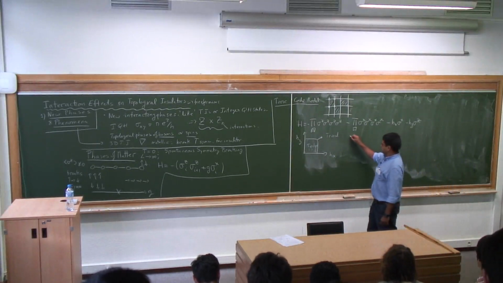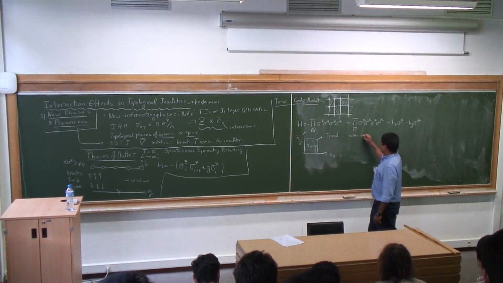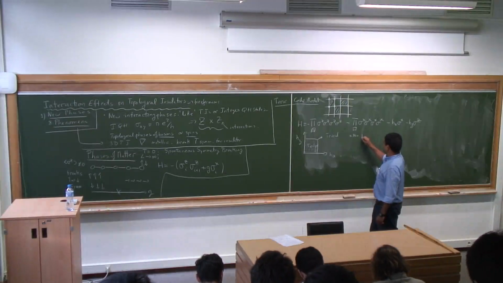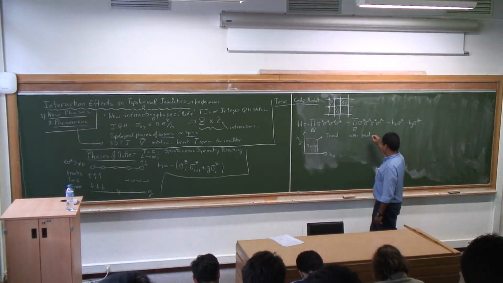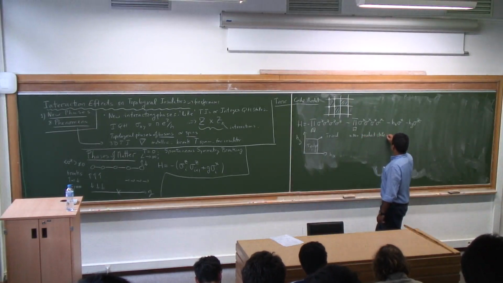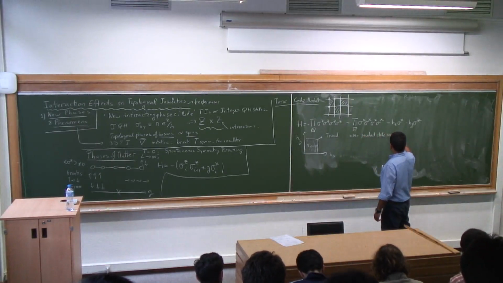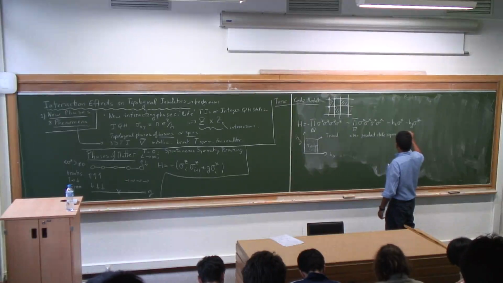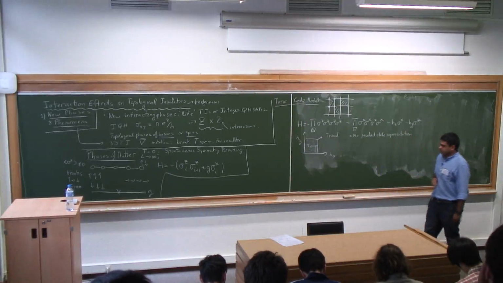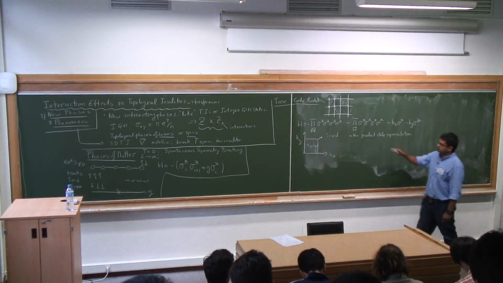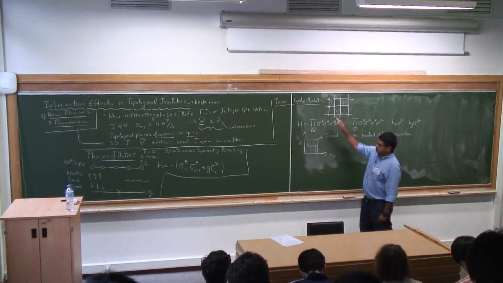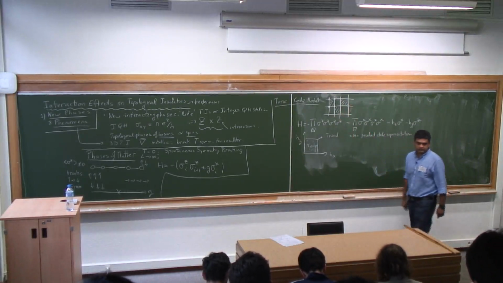But this ground state has no product state representation. You cannot write it simply as a product of individual spins doing something that is producted over the entire lattice.